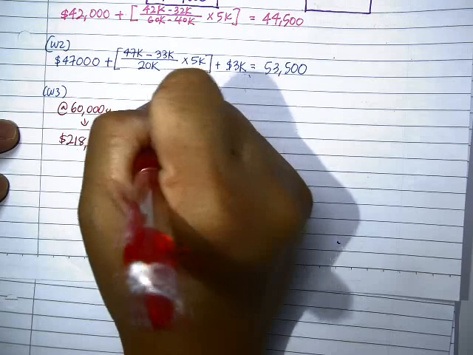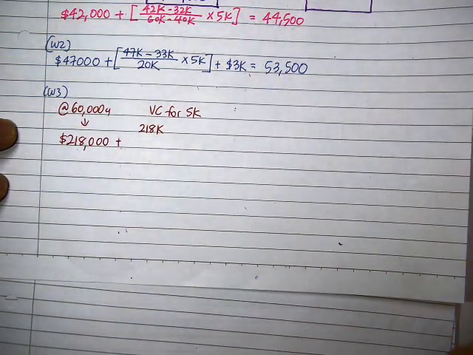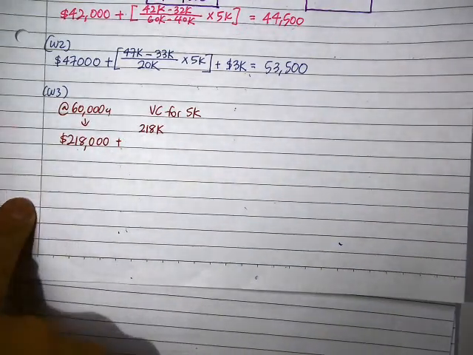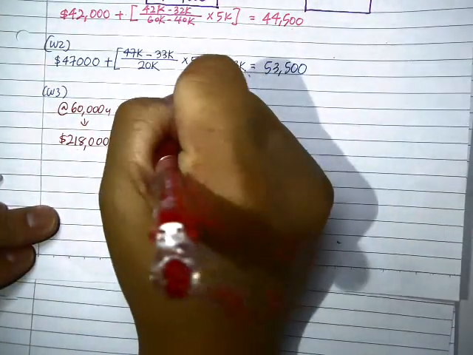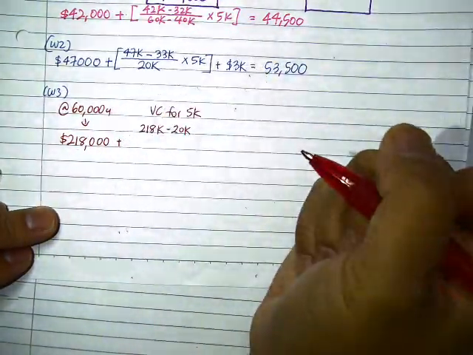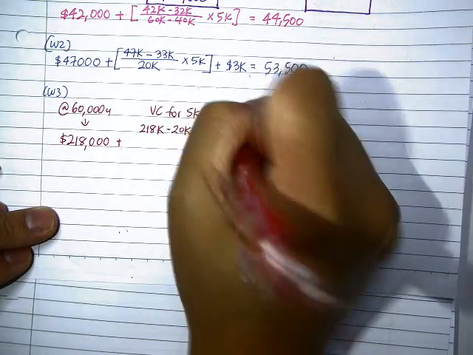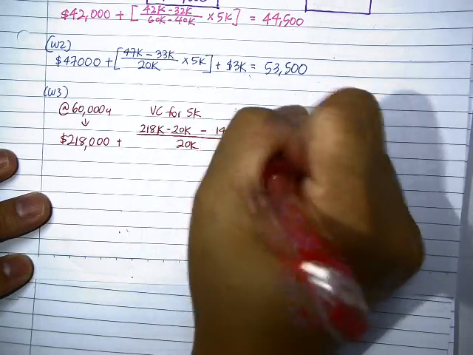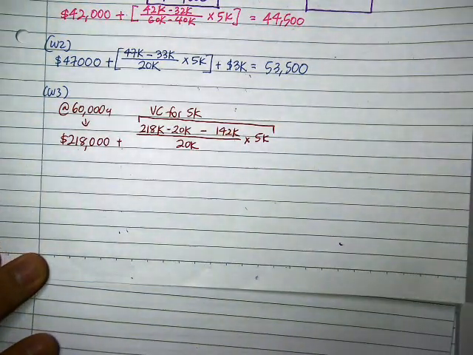Now normally we take the difference in the cost, which is 218 minus 142. But as I said, this 218 you have included the 20. So you take out the 20 first. Now I take out the 20, then only I minus with the 142 to divide it by 20,000 times 5. Now this is the variable cost for 5,000.